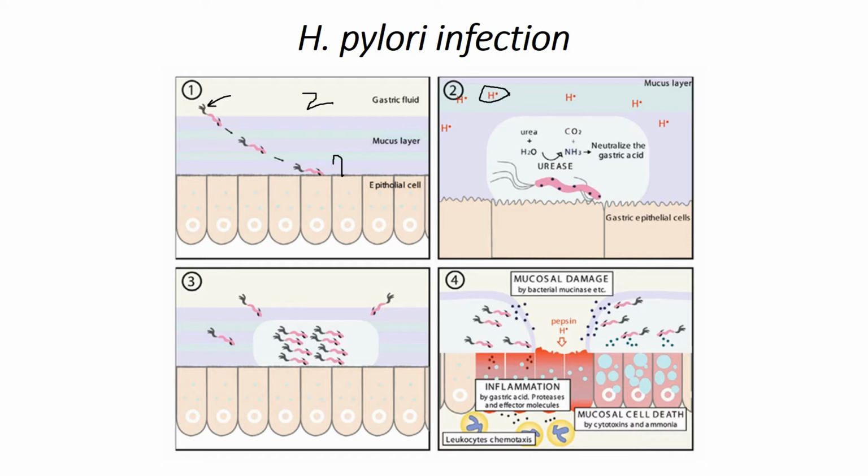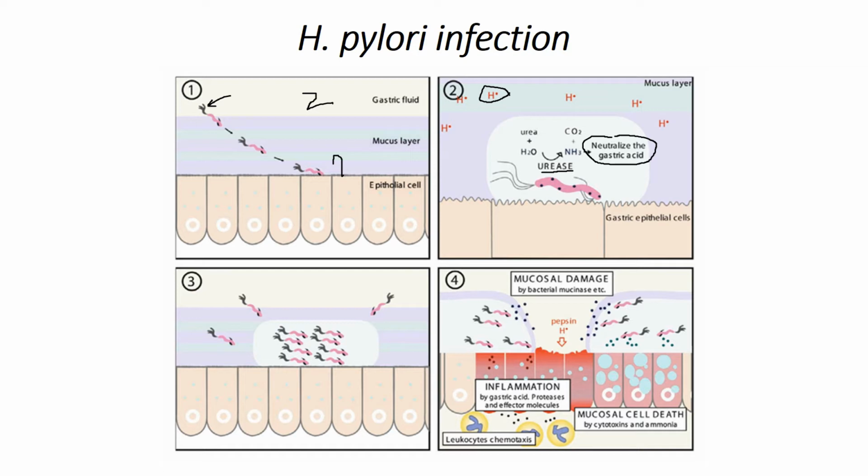We have a lot of acid, of course, from the gastric pump, and so the H. pylori needs to perform a reaction to make this a more hospitable environment. So it has an enzyme called urease, and this enzyme is very unique to the H. pylori, and it's able to take urea, convert it into ammonia, and most important, this is the end result, neutralize the gastric acid. Okay, so it performs this reaction.